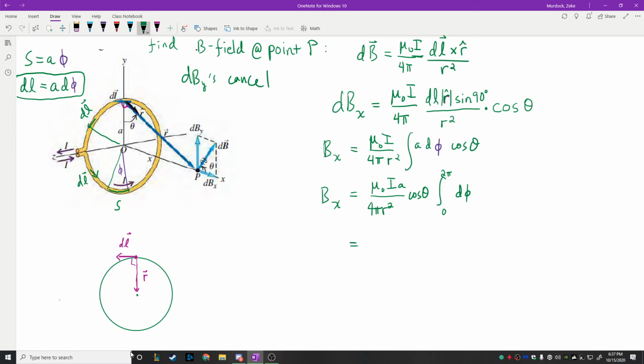So the 2 pi will cancel with this one, and we'll get mu naught times I times a times cos theta, I'm going to rewrite cos theta in a second, divided by, we get a 2 pi out of here that'll cancel out one of these, so it will be 2r.